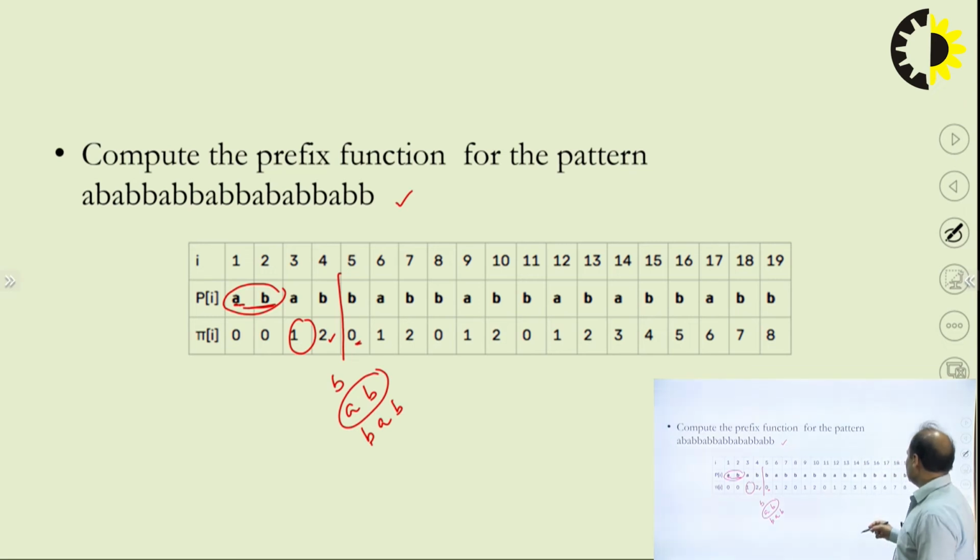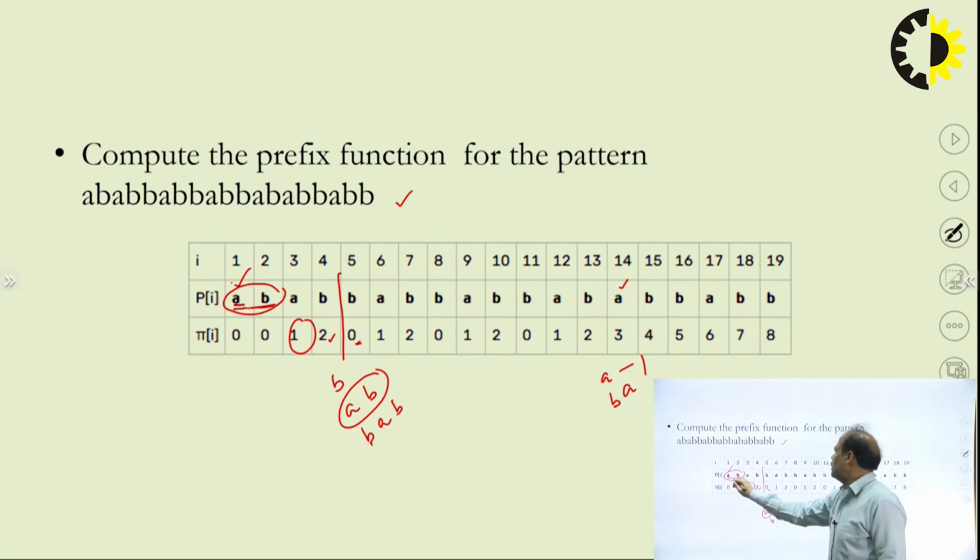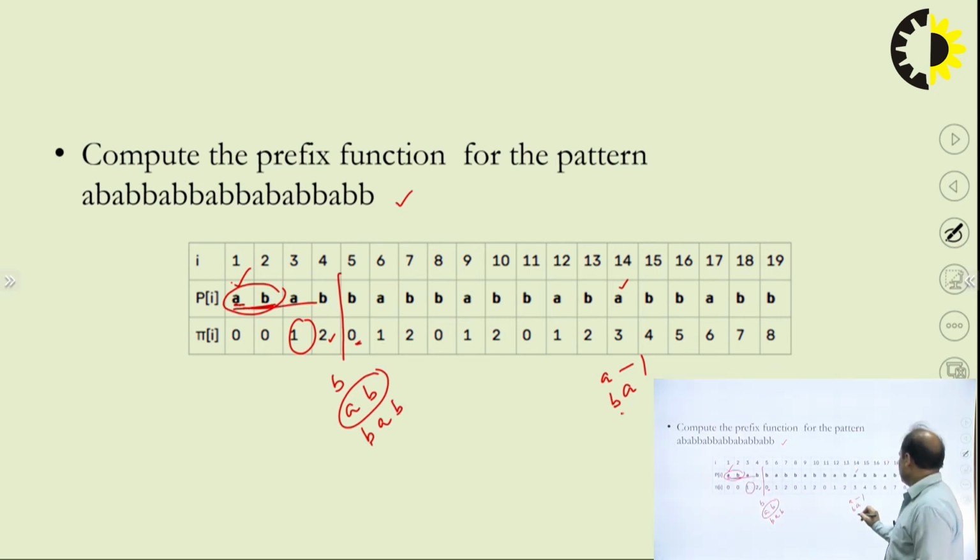Look at here, let us compute this value. Let's see this one. So A, what are its proper suffixes? A is a proper suffix, yes, then BA is a proper suffix. A is a proper suffix which is matching here, yes, its length is 1, then BA no, and then ABA, yes, it is matching here, its length is 3, we are done up to ABA, right?